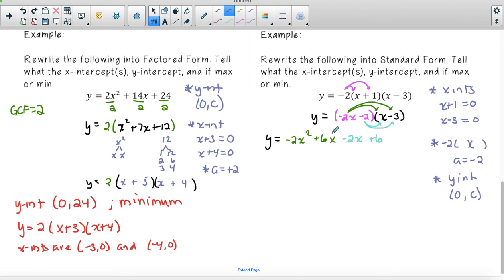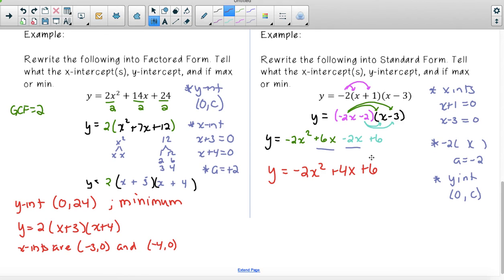So we will combine our positive 6x and our negative 2x. These two pieces can combine, and we'll end up with y equals negative 2x squared plus 4x plus 6. This is now in standard form because we have no parentheses and our exponents are in decreasing order.